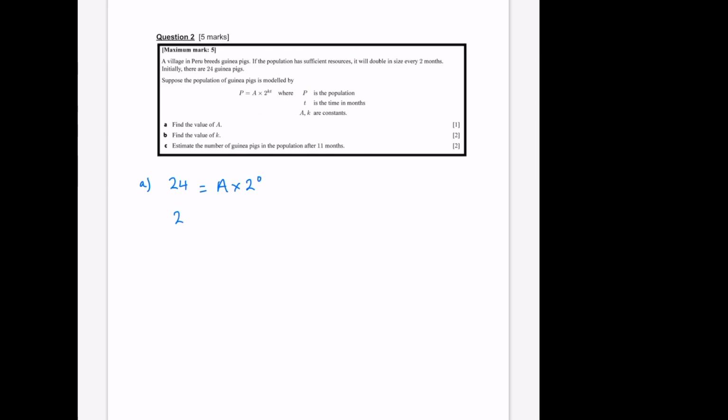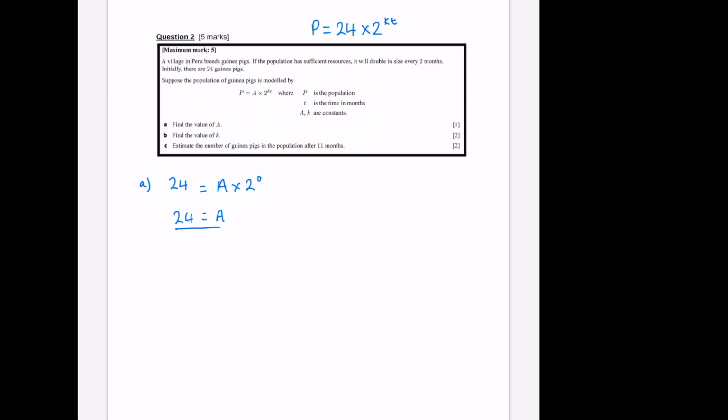So that means that 24 is equal to a, since 2 to the power of 0 is 1, so a is 24. So that's my first value. So I could now start to write down my new equation. So it's 24 times 2 to the power of kt.